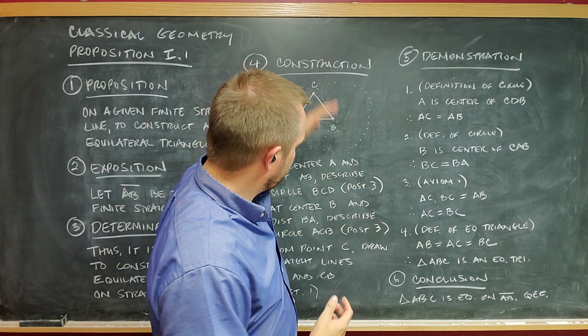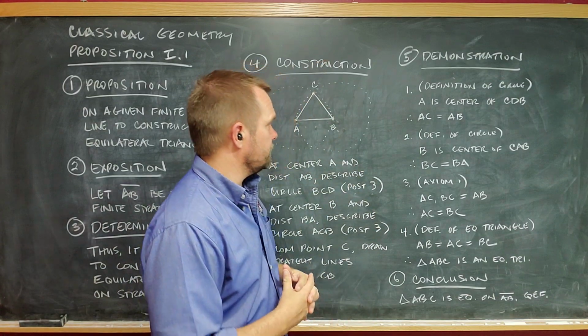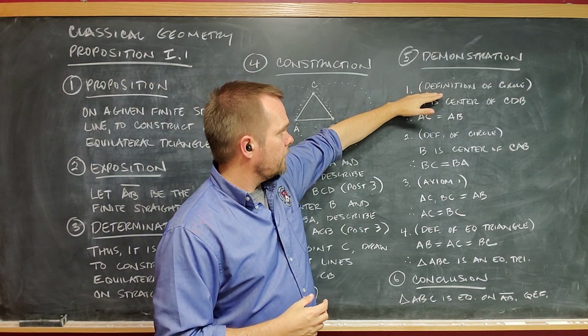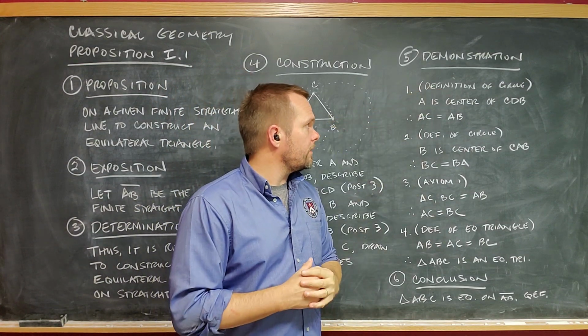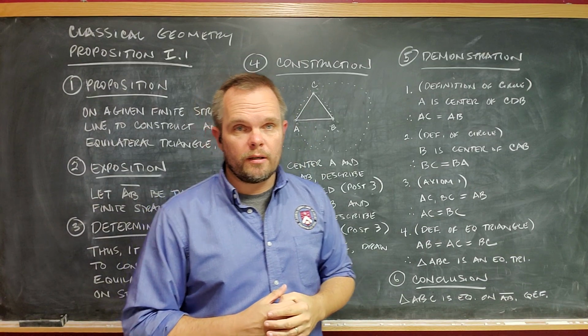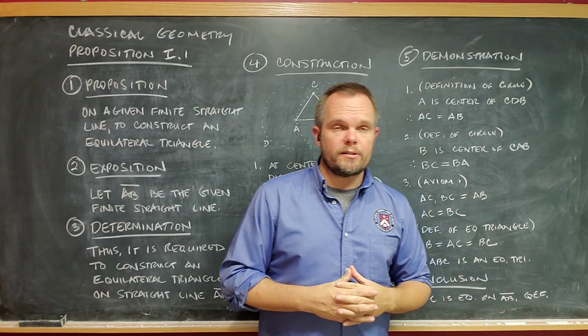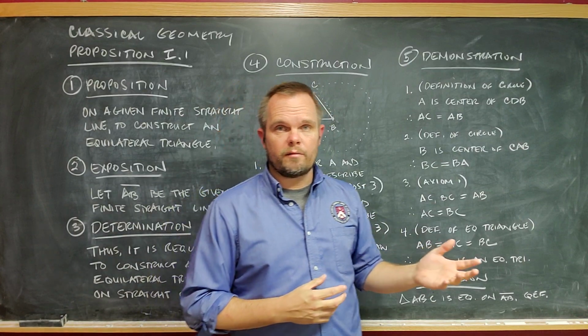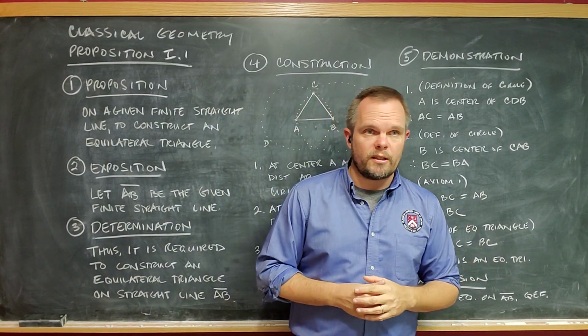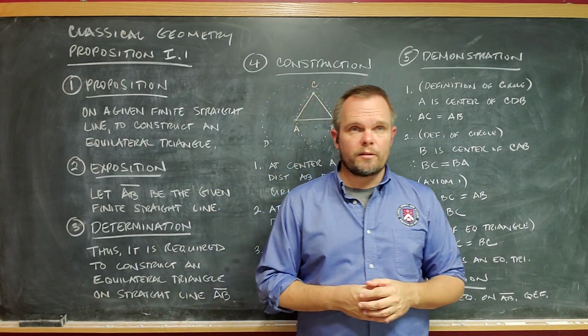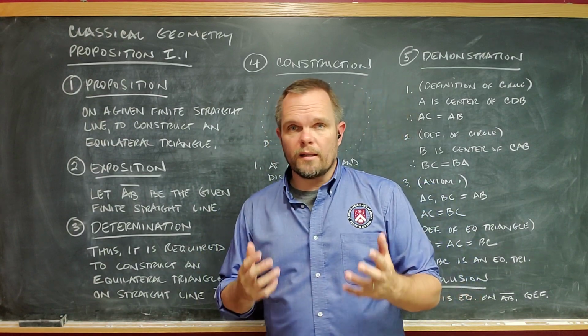So, to prove our construction, the first thing that we're going to do is we're going to start with the definition of a circle. The definition of a circle. And that's definition 15 from your list of definitions. And it says a circle is a plane figure comprehended by one line.